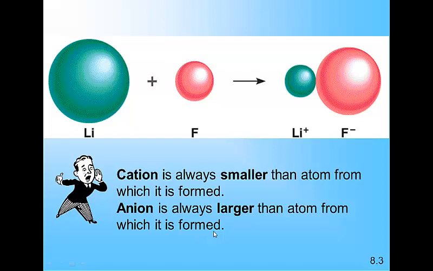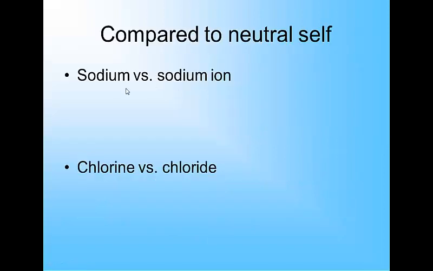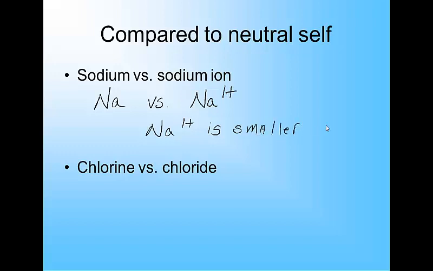An anion is going to get larger and larger and larger because you're putting in electrons and you've got electron-electron repulsive force going on. The neutral atom sodium versus the ion sodium, and the ion sodium is smaller than the neutral.